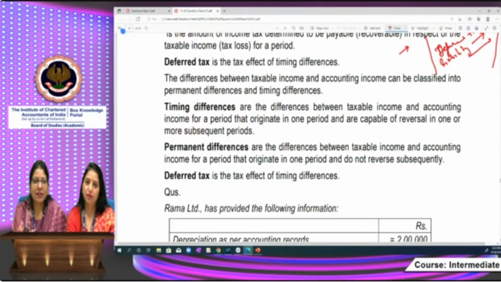It is not reversible. So should I consider any tax effect of this? No, we should not. It is not creating any deferred tax asset or liability because it is not at all a timing difference. This is a permanent difference which is never going to be reversed.